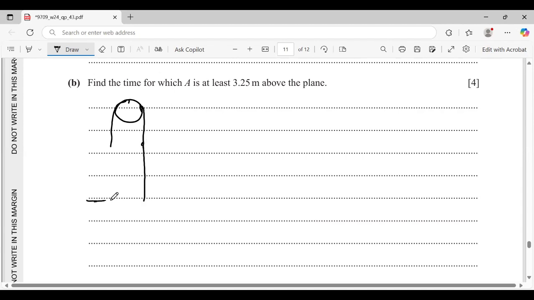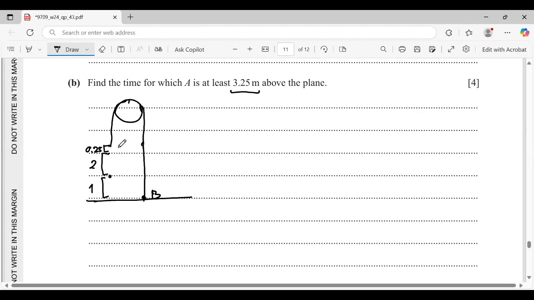If this is the ground, and this is the particle P already here, the first position of particle A here is 1 meter. According to the information, this is 2 meters, and the rest is 0.25, giving 3.25, because the information says at least 3.25.